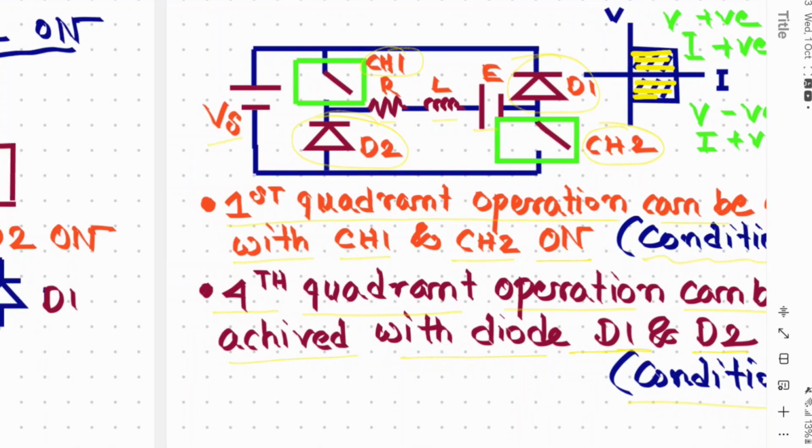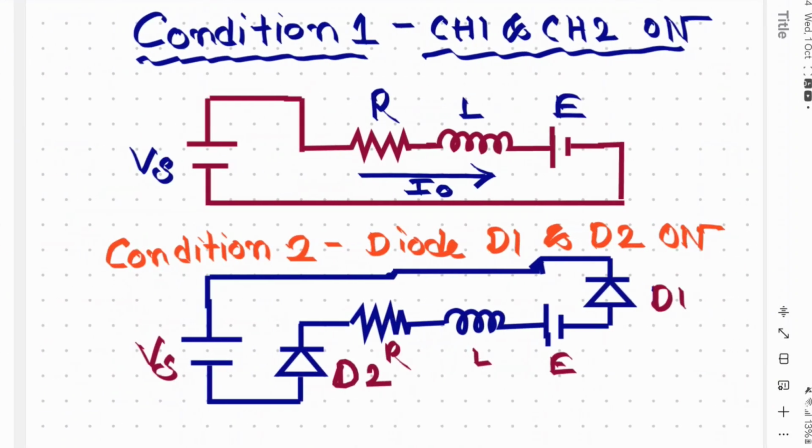When switch 1 and switch 2 are on, only these two will be connected. We will remove diode D1 and D2 from the circuit. So this is the circuit where switch 1 is on, and here switch 2 is on.